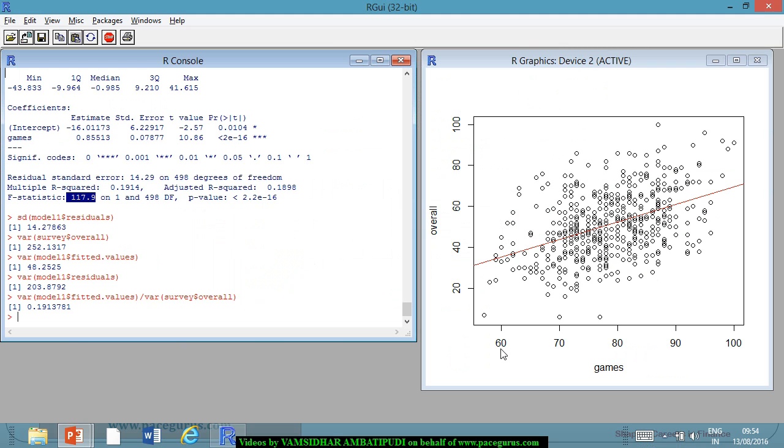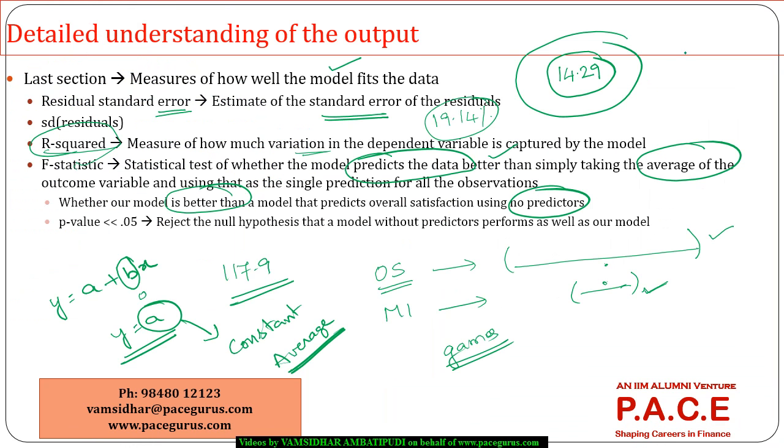That is what is provided by the F statistic, and here the p-value is very important, as it assesses the overall fitness of the model. The p-value is 2.2 times 10 to the power of minus 16, which is less than 0.05. So my decision is in favor of the alternate hypothesis.